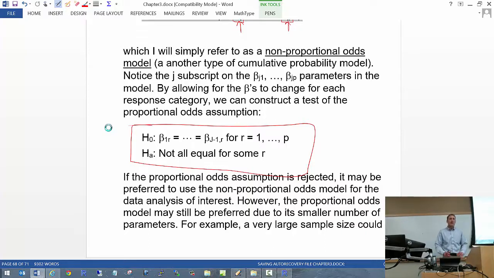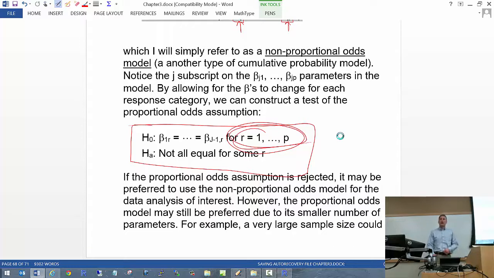And then we do that for the next explanatory variable and the next. In other words, generally speaking, we would do all of them at the same time. All of your explanatory variables, all those corresponding beta regression parameters, you would test for equality across the levels of your response.